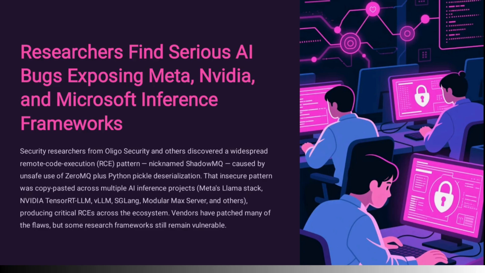That insecure pattern was copy-pasted across multiple AI inference projects, like Meta Llama Stack, Nvidia TensorRT-LLM, vLLM, SGLang, Modular Max Server, and others, producing critical RCE across the ecosystem. Vendors have started patching many of the flaws, but some frameworks still remain vulnerable.